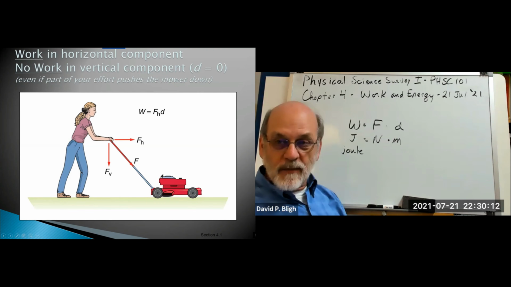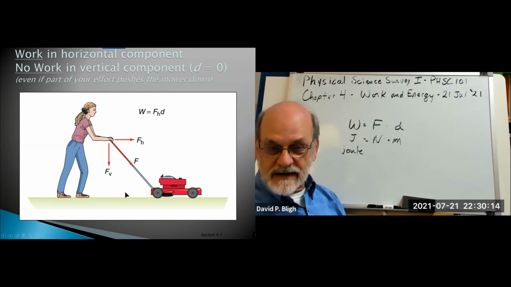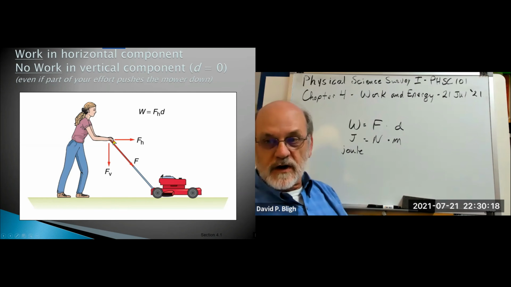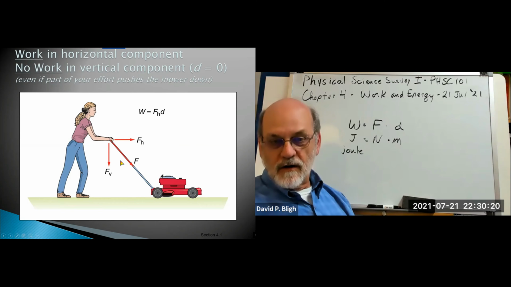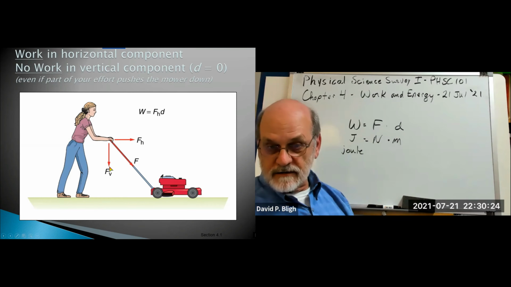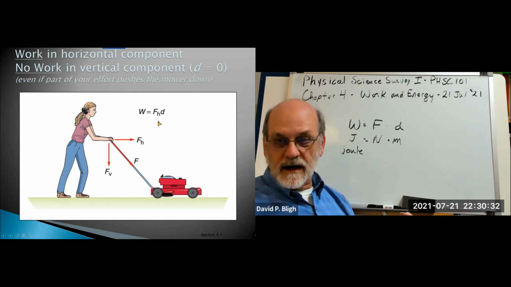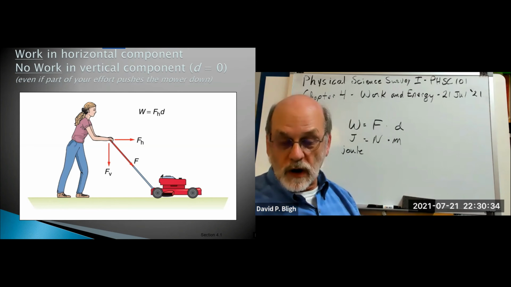So we have to know how much of that force was actually applied parallel, which would be a vector quantity, a vector component of the force applied. So some of the force was applied vertically, some of it was applied horizontally, and the horizontal component is the force that enters the calculation for work.